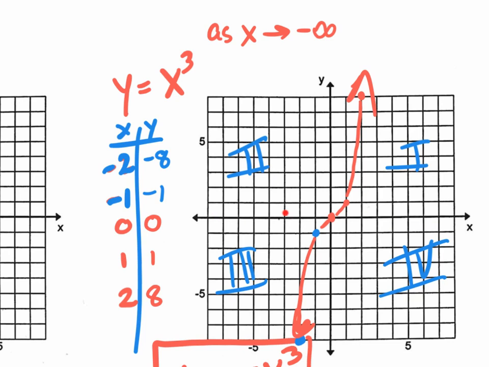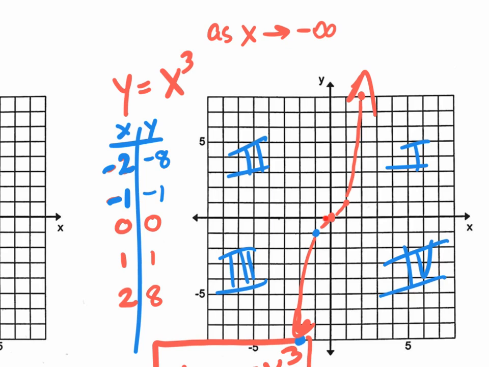Here's your x-axis. Here's 1, 2, 3, 4, 5, 6, 7, 8 on the x-axis. You keep going to positive infinity. But over here is negative 1, negative 2, negative 3, negative 4, negative 5, all the way to negative infinity. So when I say as x approaches, the arrow means approaches.